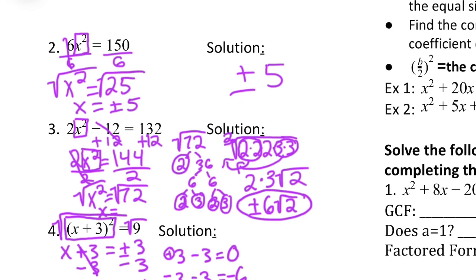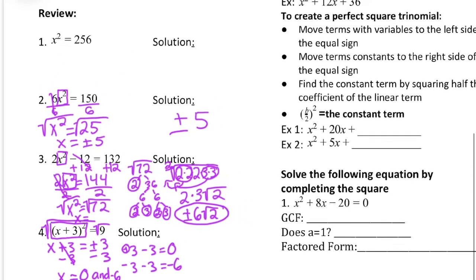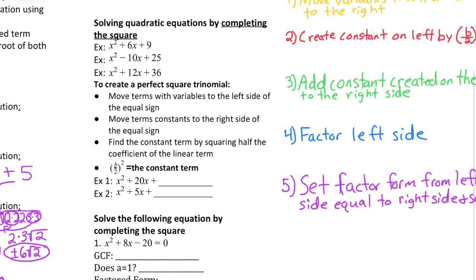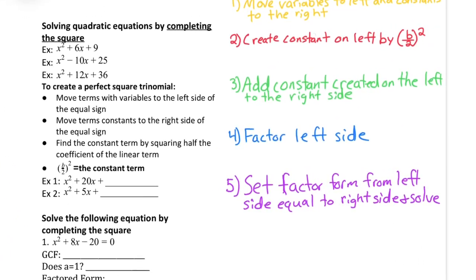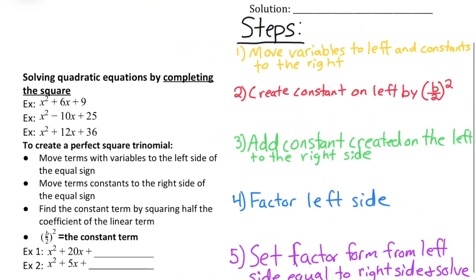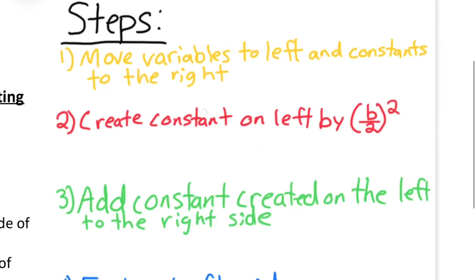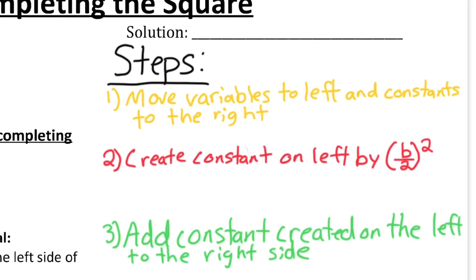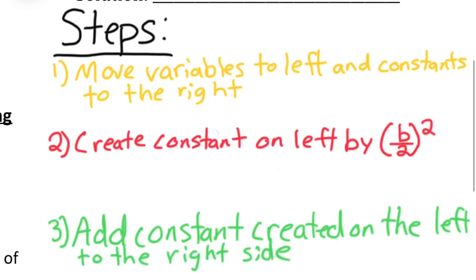And then we're going to get into completing the square. So I know that there are a few steps in your packet. If those steps help you, that's fine. But I also wrote my own steps. So if you want to write those down, then you can. If you want to pause the video as I go through them, that's fine as well.